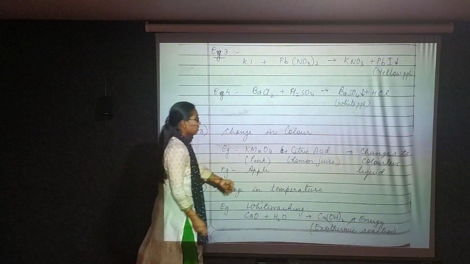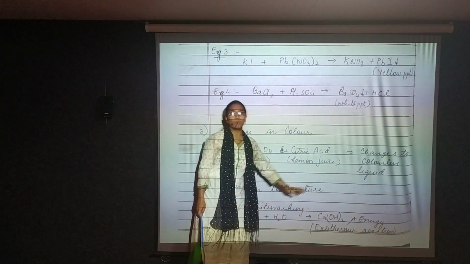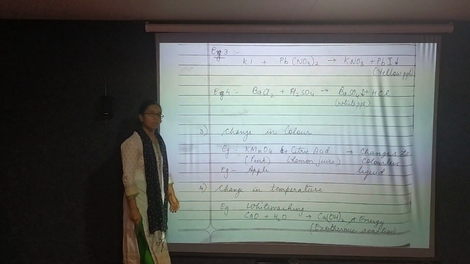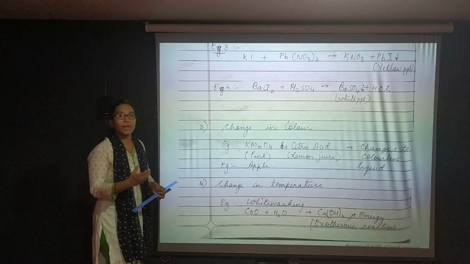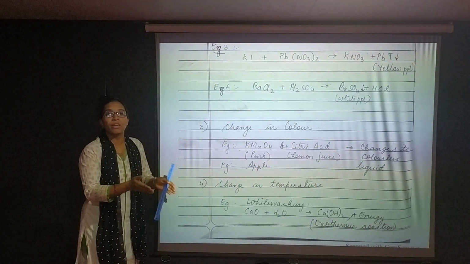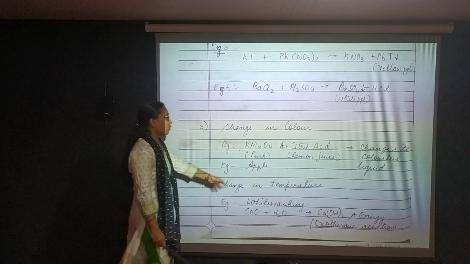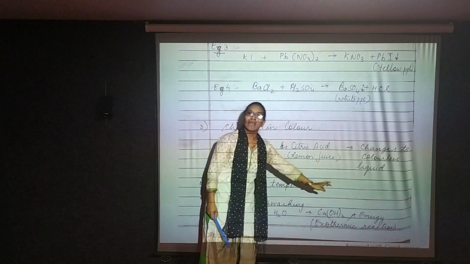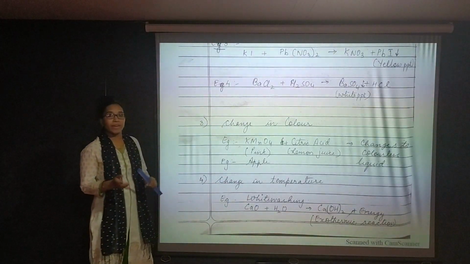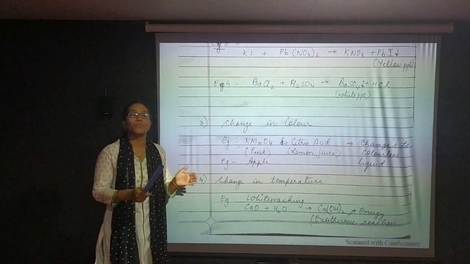Why is it hot? Because it forms Ca(OH)2, that is calcium hydroxide, and some amount of energy is released during this reaction. That's why when you touch it, you will feel it is very hot. Now, as here energy is evolved, it is an exothermic reaction. In case of an exothermic reaction, you can feel that the substance is very hot.